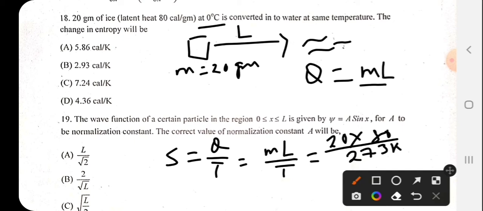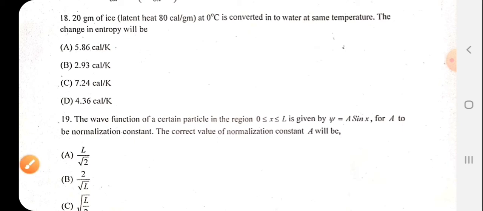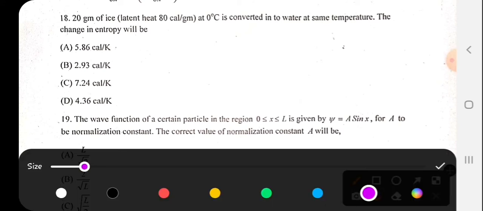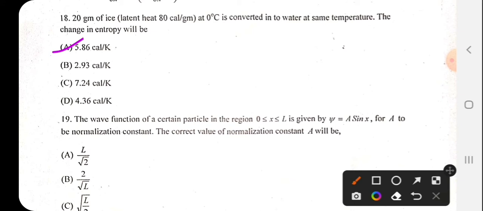After putting all these values we will get the answer: option number A, 5.86 calorie per Kelvin.